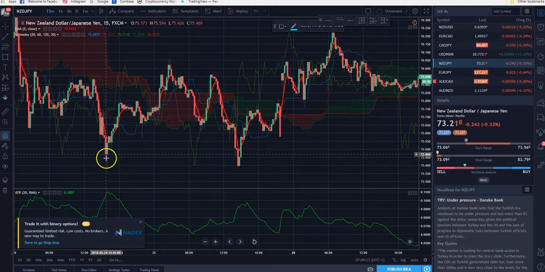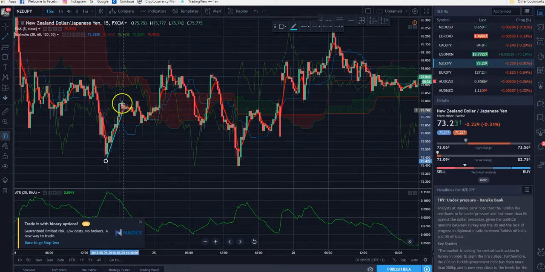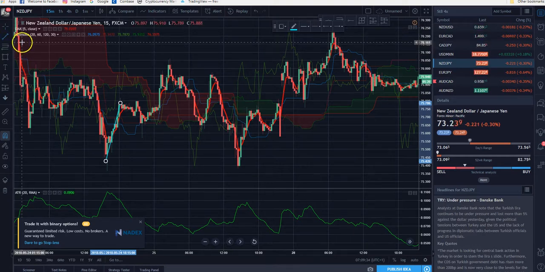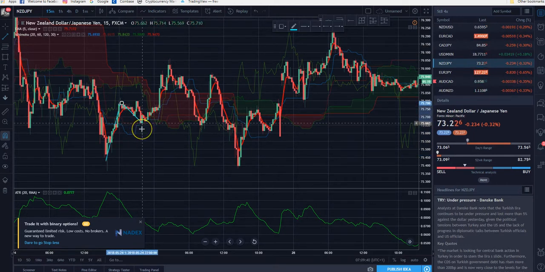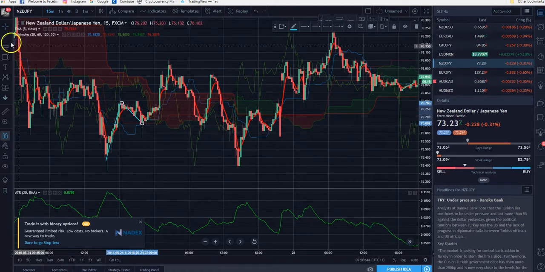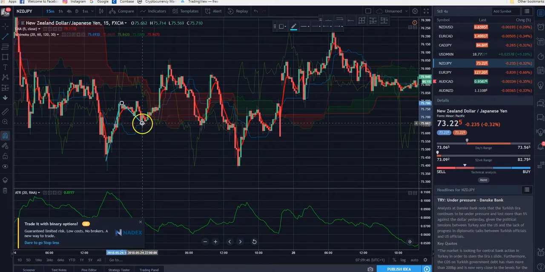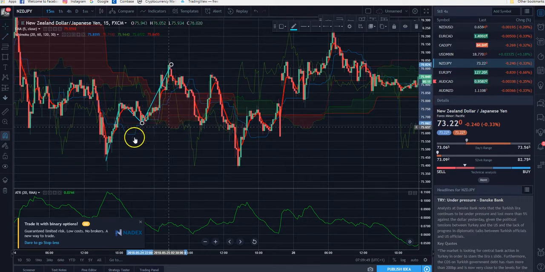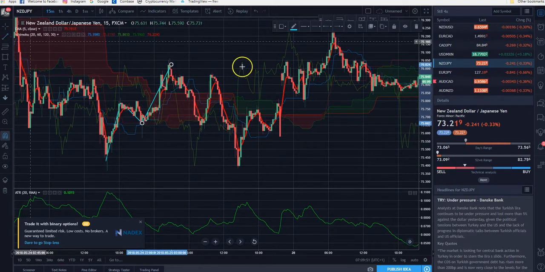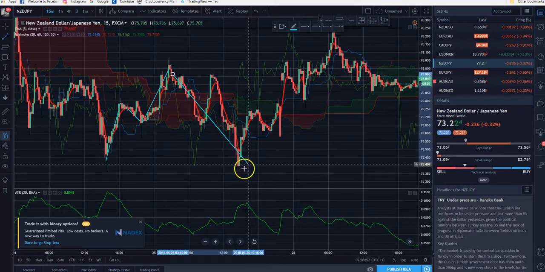So we have a lower low to a lower high here. And we can do lower high to a higher low to a higher high, and break of structure.